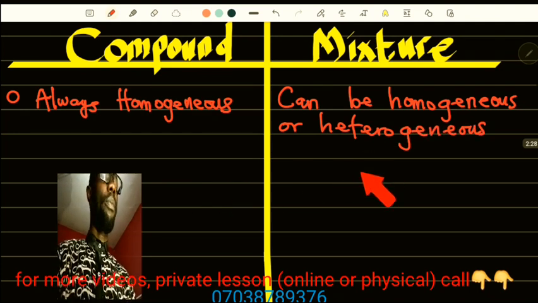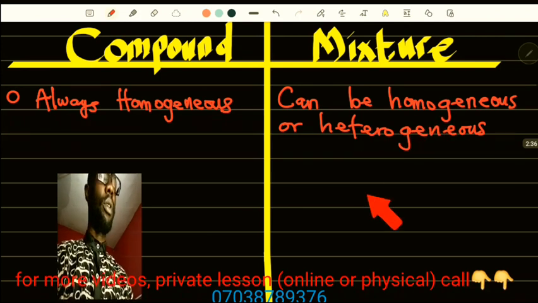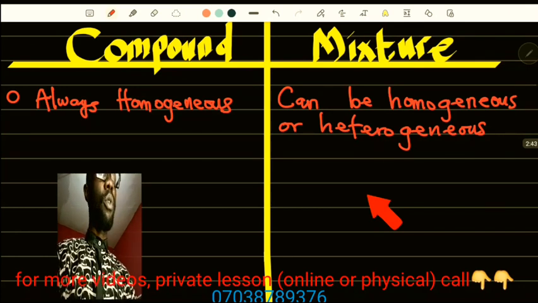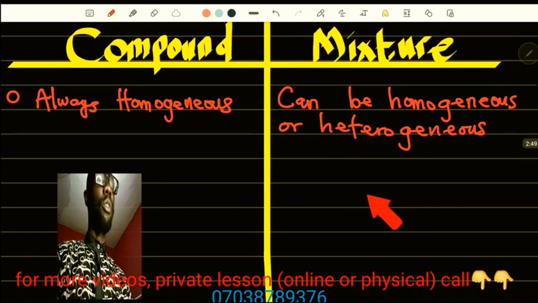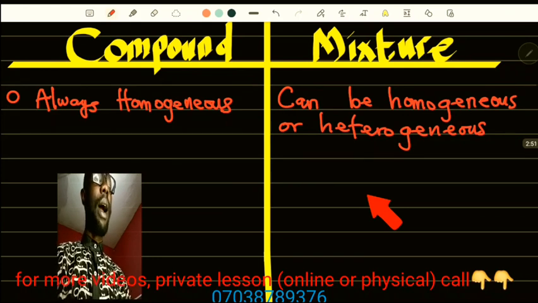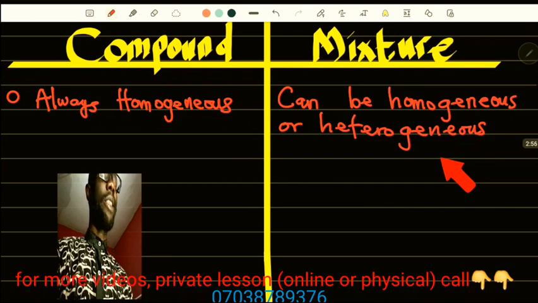We have some mixtures that are clear, and being clear, they are said to be homogeneous mixtures. For instance, the soft drink that we drink is a mixture, but you can never see the constituents of the soft drink separately. They are always homogeneous. However, we have some mixtures that are heterogeneous.